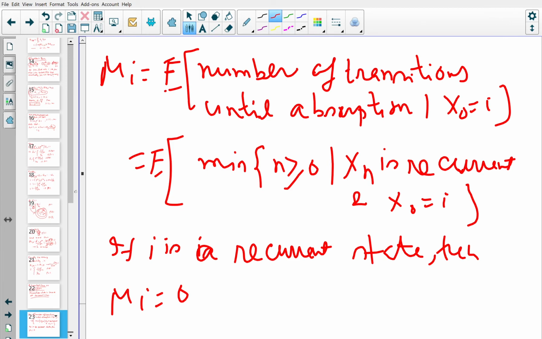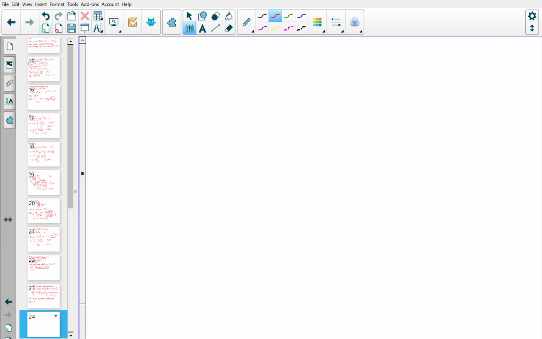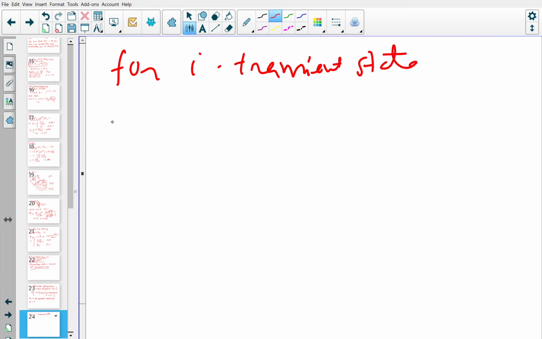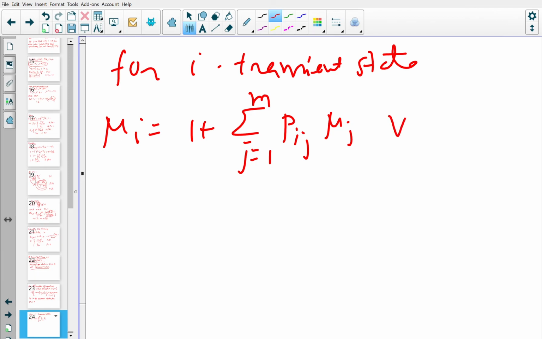And if i is not a recurrent state, so for i a transient state, you can use a similar argument to show that mu i is nothing but 1 plus the summation over j equal to 1 to m of P_ij mu j, for all i which is a transient state.